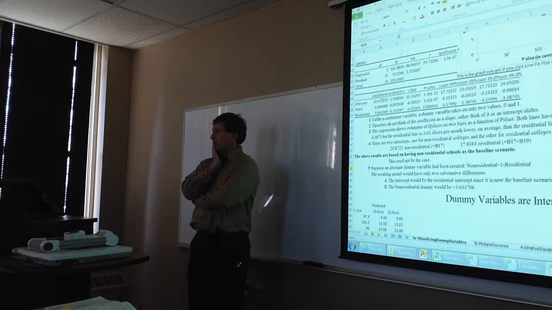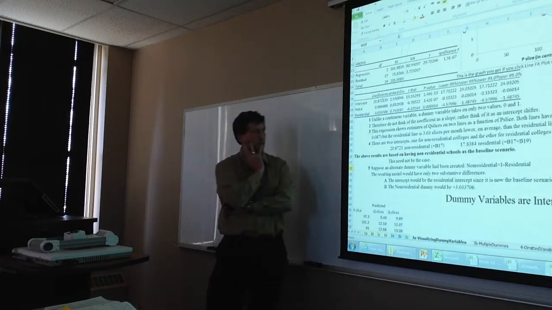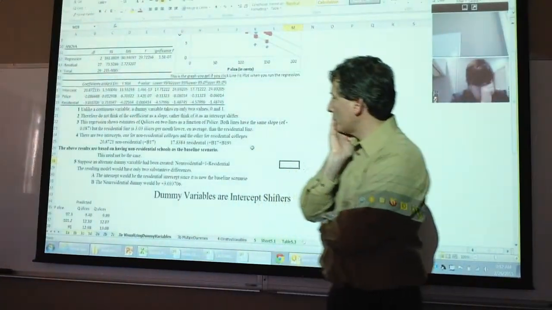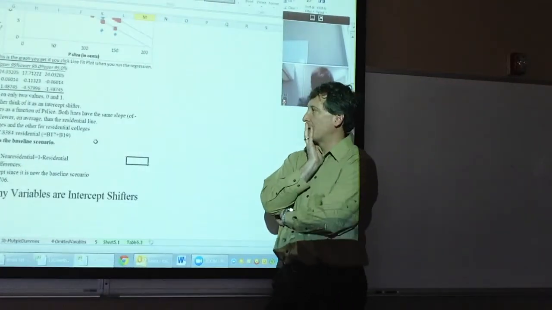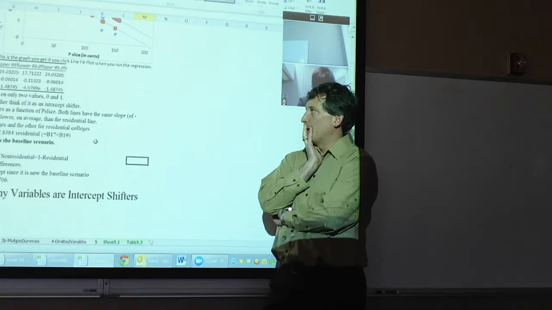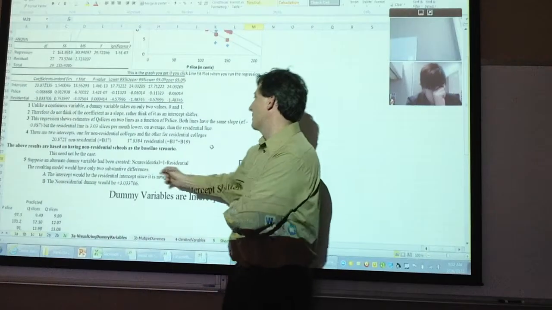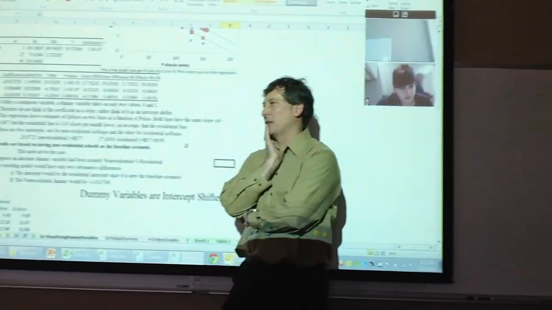Does that make sense, what they're saying in number 5? What are we effectively doing with number 5? Non-residential equals 1 minus residential.